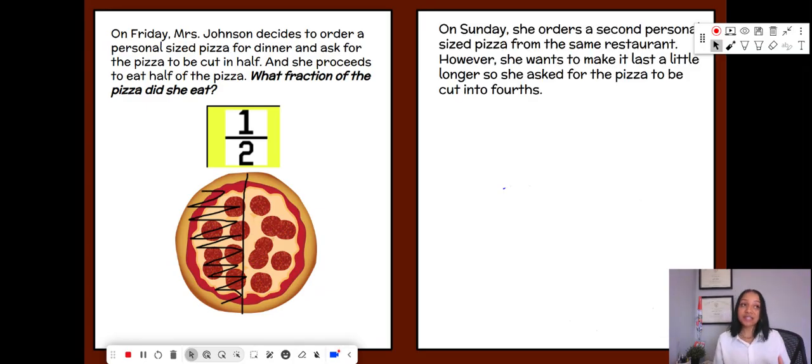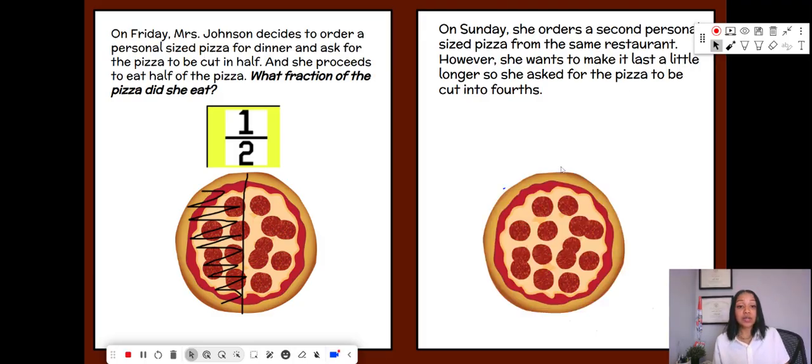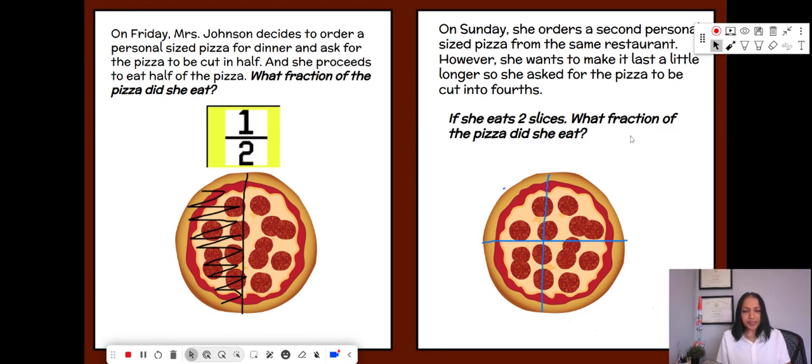On Sunday, she orders the same size pizza at the same restaurant. However, she wants to make it last a little bit longer, so she cuts it into 4 pieces. So now she has the same pizza, but she wants to cut it into 4ths. So now it's cut in half, and it's cut into 4ths. If she wants to eat the same amount of pizza, though, and she eats 2 slices, what fraction did she eat?